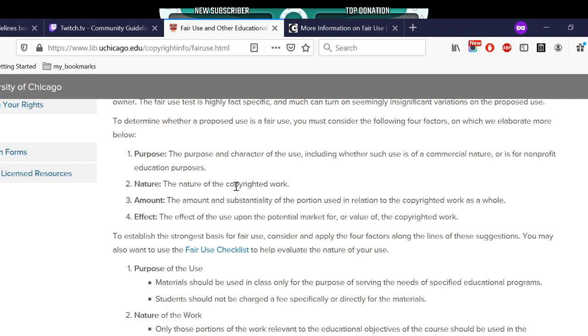So in library world, whenever we talk about our own fair use exemptions and other copyright issues that we run into, most of what we zero in on is the effect of the use upon the potential market for or value of the copyrighted work.